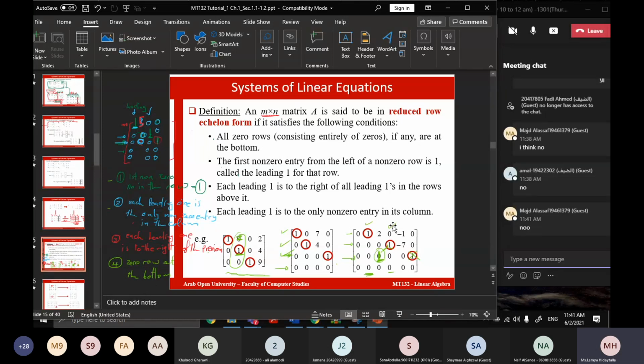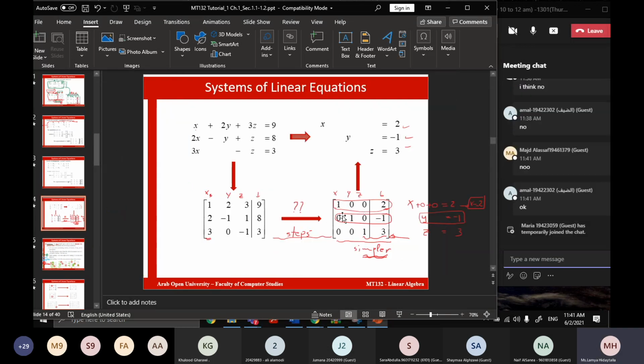So now we know what the echelon form is, and our aim is to start from the system, write the system in the augmented form, do some steps, and reach a form that is equivalent to that one, but simpler.